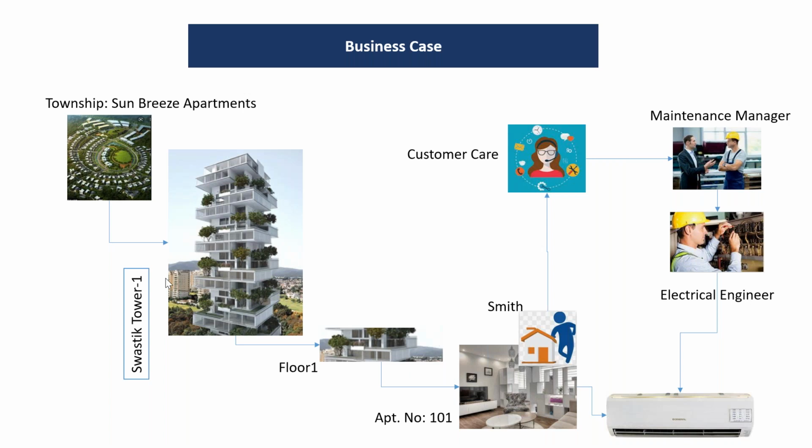And each building has multiple apartments on its floors. Let's say there is one apartment number 101, and this apartment has equipment. This is a well furnished apartment. So let's say we are the company myvandu.com. We are providing all the facilities and maintenance to our tenants.